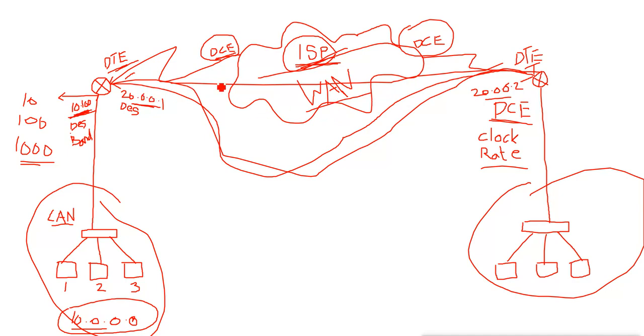Suppose the WAN port of your router supports 10 Mbps, but 10 Mbps is very expensive for you, so you are getting only a 1 Mbps WAN link. In this case, what happens? Your router is throwing the data on the WAN side at the speed of 10 Mbps, but the ISP can only accept 1 Mbps, because they have allowed you only 1 Mbps.